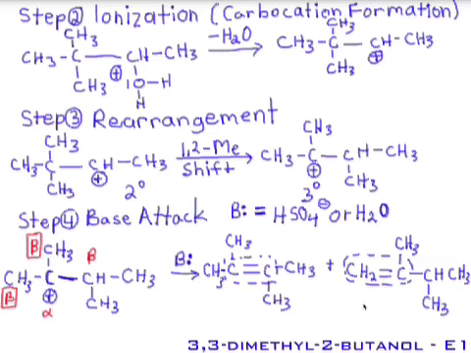Now, when the more stable is major, that's Zaitsev elimination. And Zaitsev elimination happens all the time in this course, except for the one example you were given in alkyl halides of Hofmann elimination. So, indeed, this guy is major. And this one's minor.